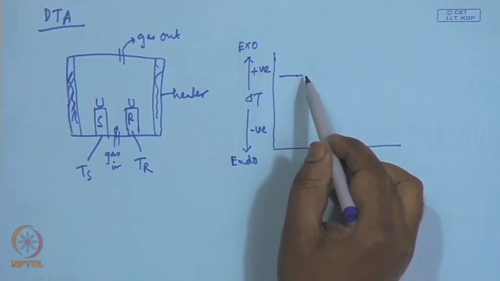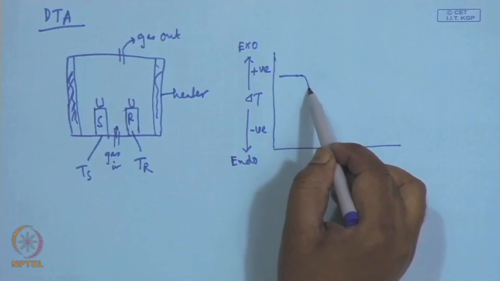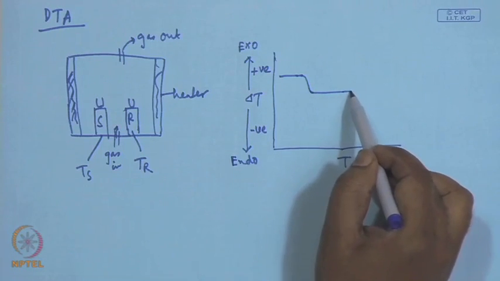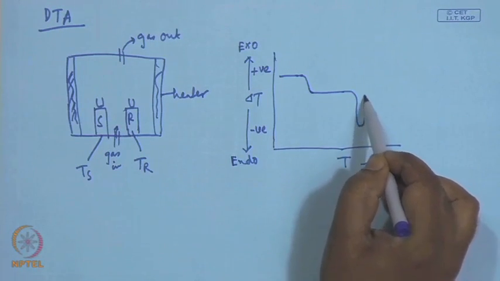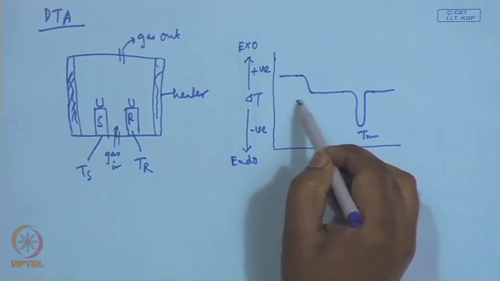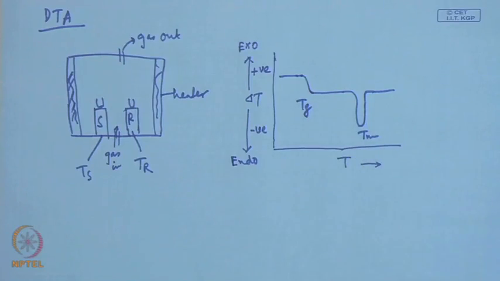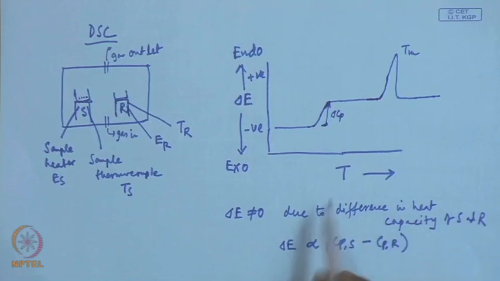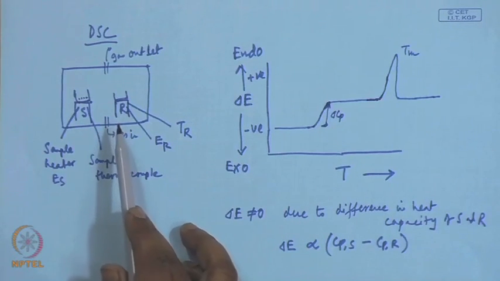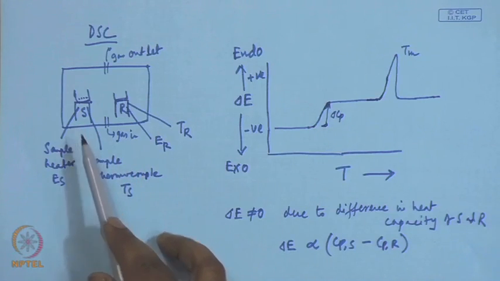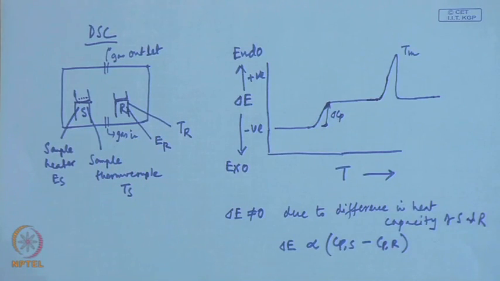So, if we plot the same graph as we did for DSC, we get a dip at Tg, the glass transition temperature, and at the melting peak, you get an exo peak. So, this is Tg and Tm. In case of DSC, the temperature difference between the reference and the sample is kept constant and the required energy is supplied.